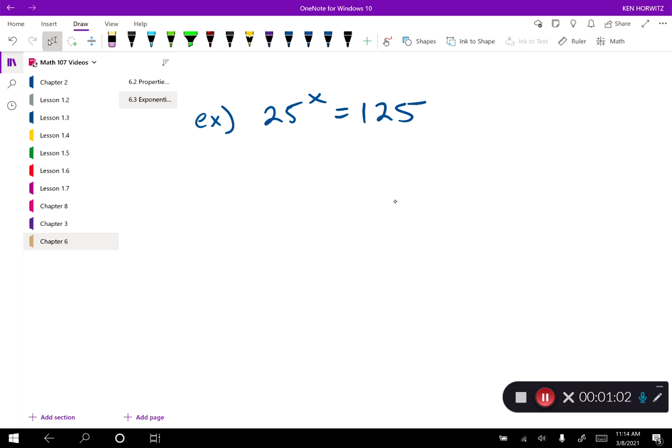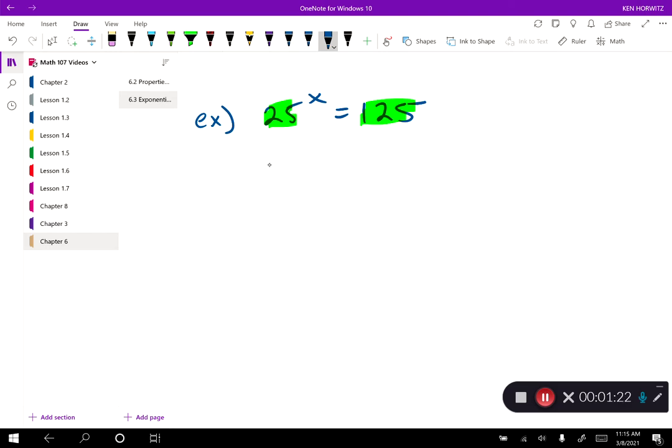Now basically what I want to look at is, can I take each base, in this case the base is 25, exponent is x, and over here it's 125, and rewrite them with the same base?